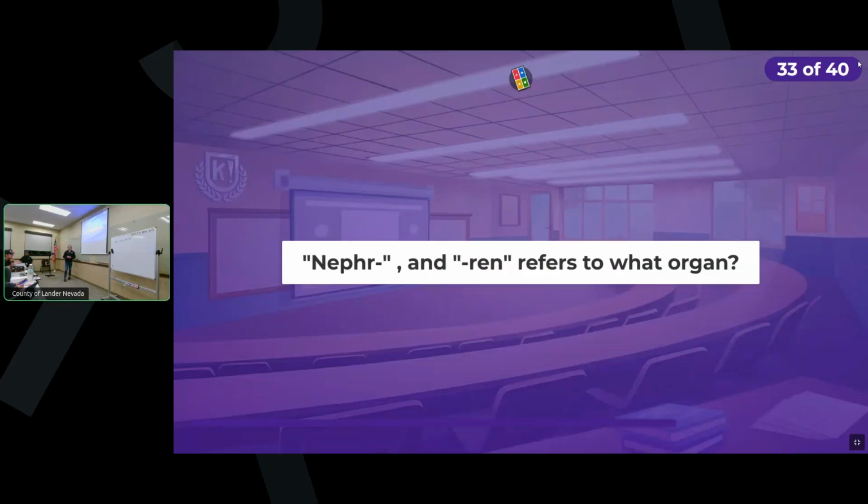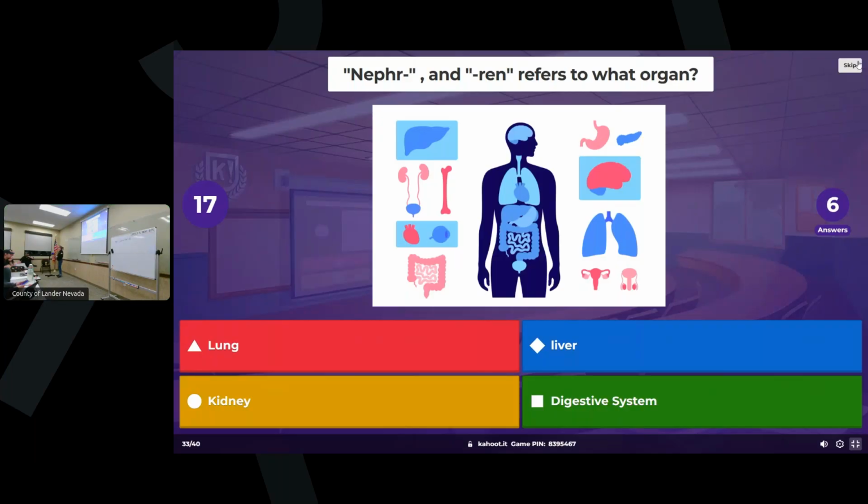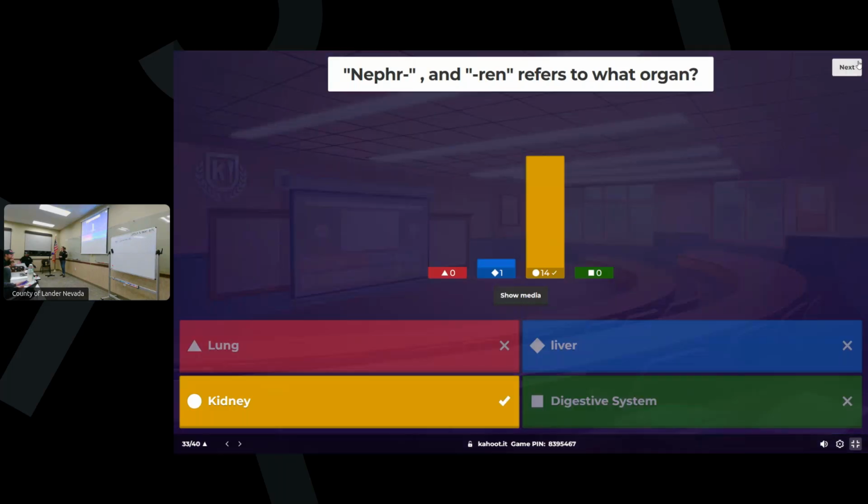All right, this one should be easy. Good job. So it is the kidney. So ren, like if you think of renal, right? Renal system is your kidneys.